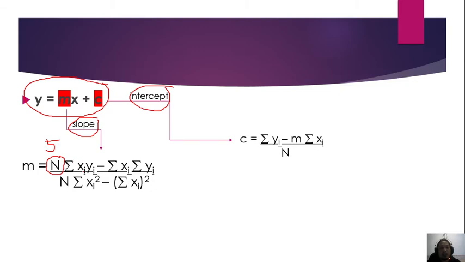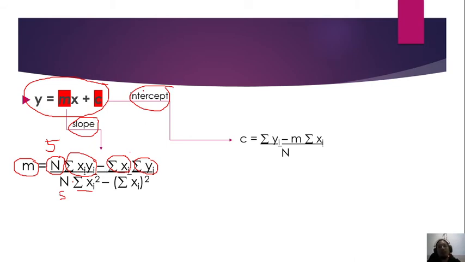And the sum of x darab dengan y, kamu dah dapat from the table before, minus dengan jumlah the sum of value for x darab dengan the sum of value for y, bahagi dengan dia punya nilai data sama juga 5 darab dengan the sum of x kuasa 2 dapat daripada jadual sebelum tadi, tolak dengan the sum of x, dia punya total value for x, kemudian kuasa 2. So, kamu akan dapat dia punya nilai for slope.